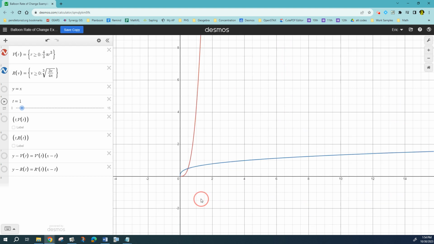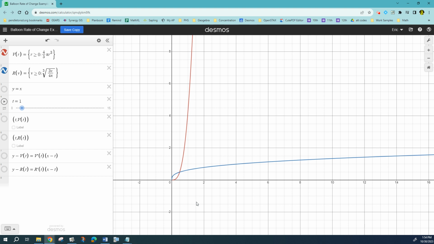That's not surprising, too, if you think about it. That's the inverse of V of r. When I solve for one variable in terms of the other, really what I'm doing is just expressing that in a way that makes its graph look like it.